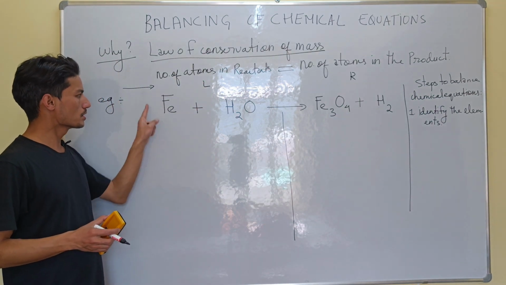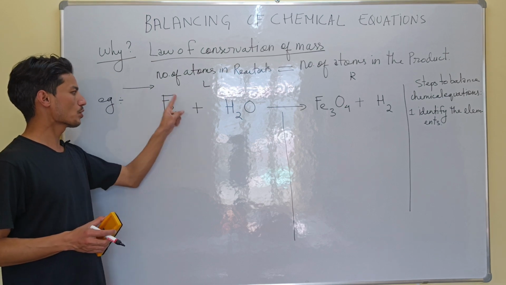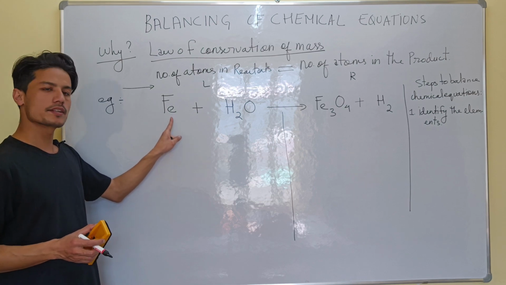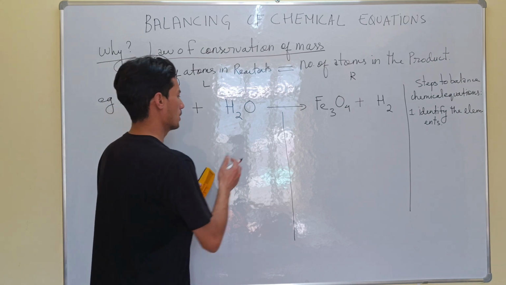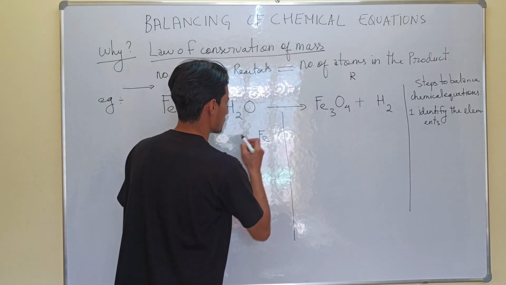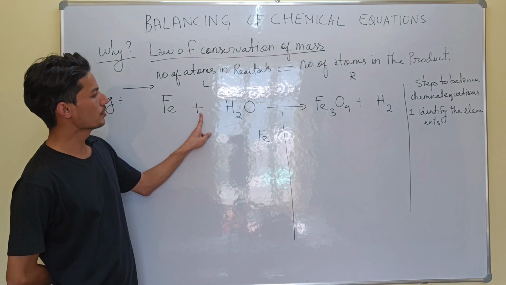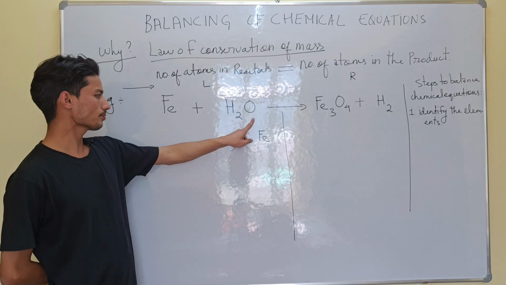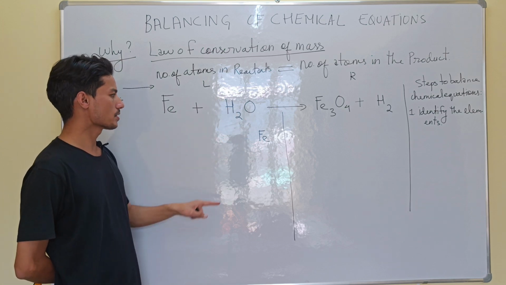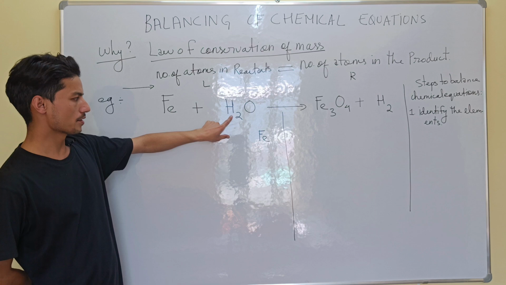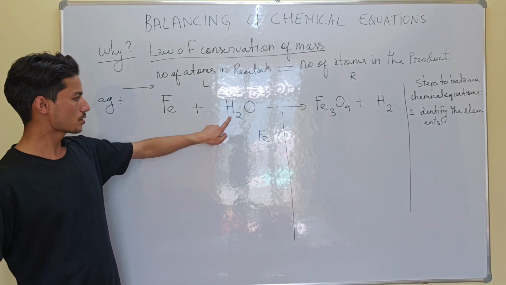So we come across this. This is iron. Iron is an element, one of the elements in the periodic table. So we write the element first. Then we move to the next. This is a compound, water. Here you start identifying the elements. This is hydrogen, an element here.